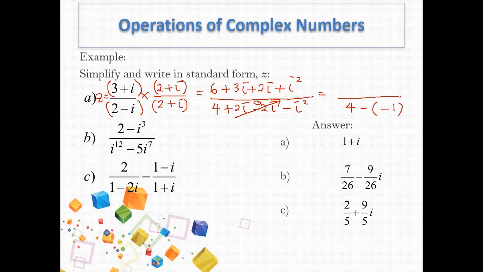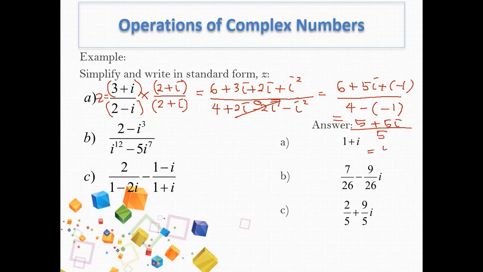So we solve the bottom, then the upper part. This is 6, this is 5, and what is that? That is also minus 1. Solving it again, that will give you 6 plus 1, that is 7, plus 5i over 4 minus minus 1, that is 5.